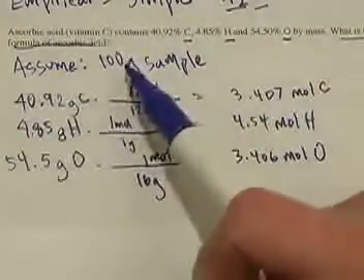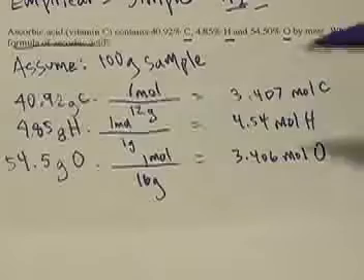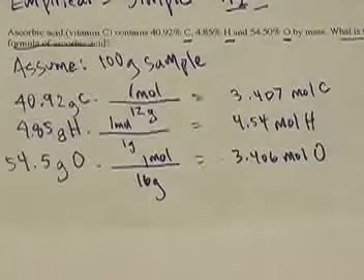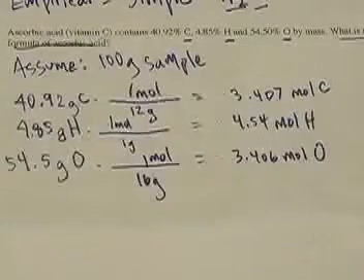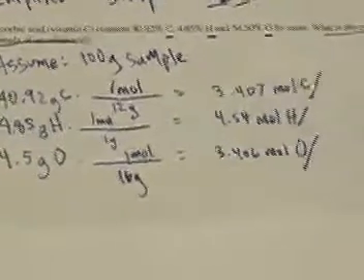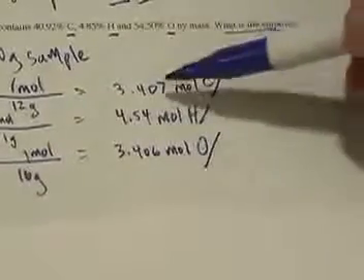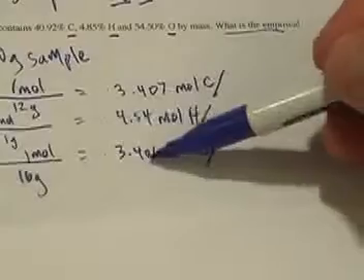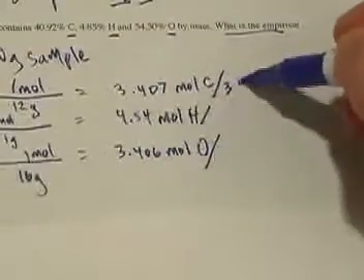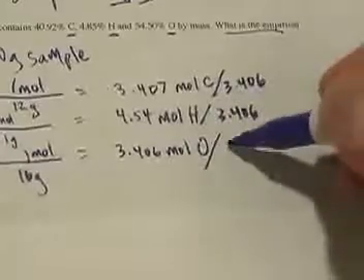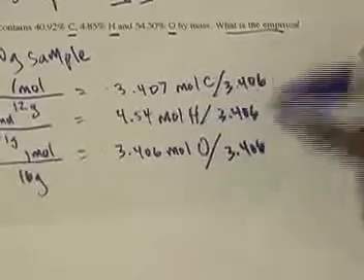Once I've assumed the 100-gram sample and converted to moles, I take a look at each of these numbers of moles and find out which one is the smallest. Because I want the simplest whole number ratio, I take each of these numbers and divide it by the smallest number of moles of all the samples. The smallest number I see here is 3.406, so I'll divide each of these by 3.406.